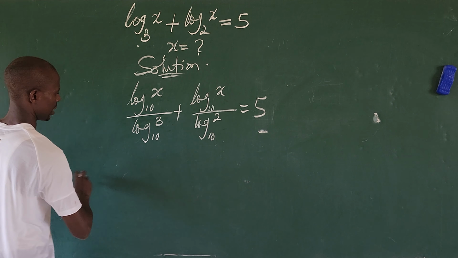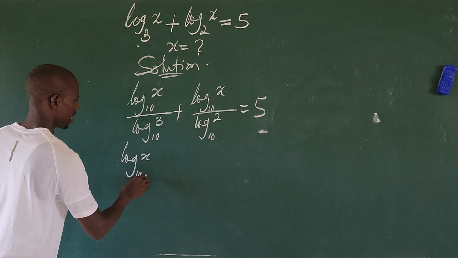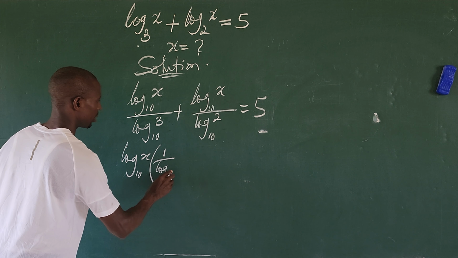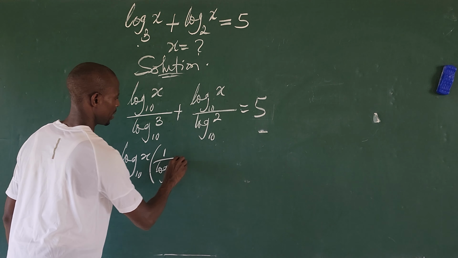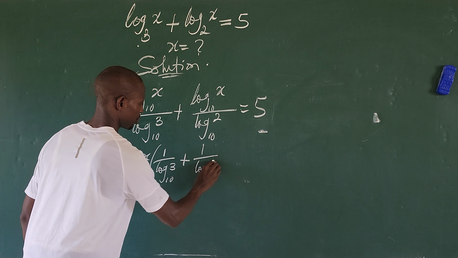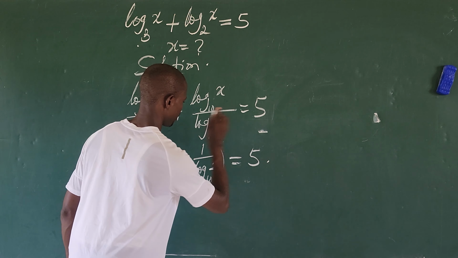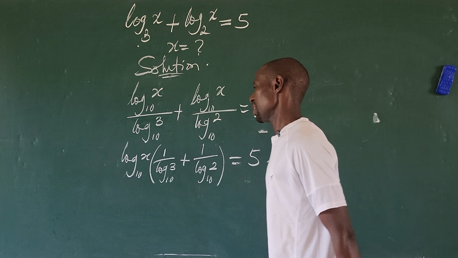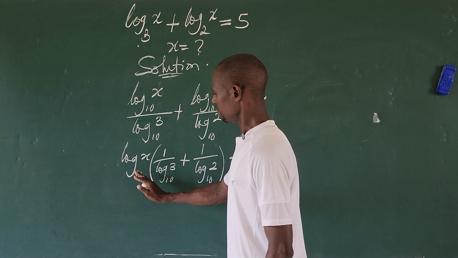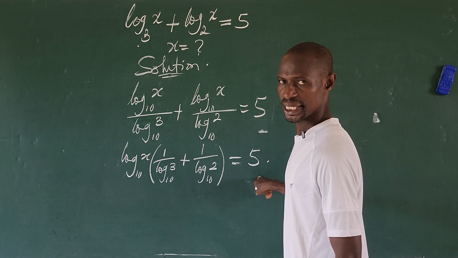If we do that, it's going to give us log x base 10 in a bracket, where we're left with 1 all over log 3 base 10, plus 1 all over log 2 base 10, close bracket, equal to 5. Easy.